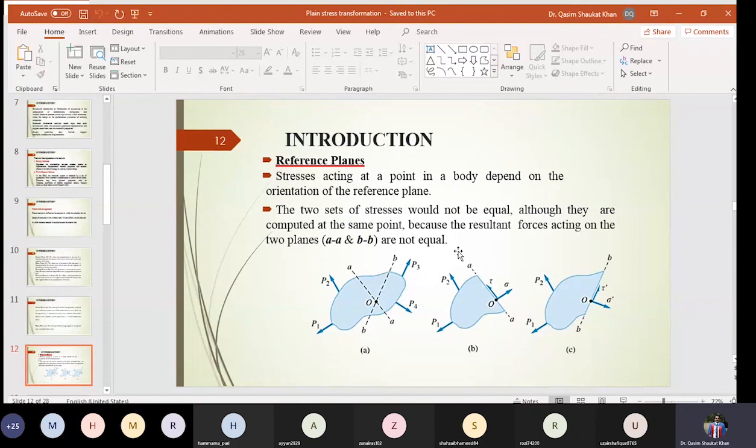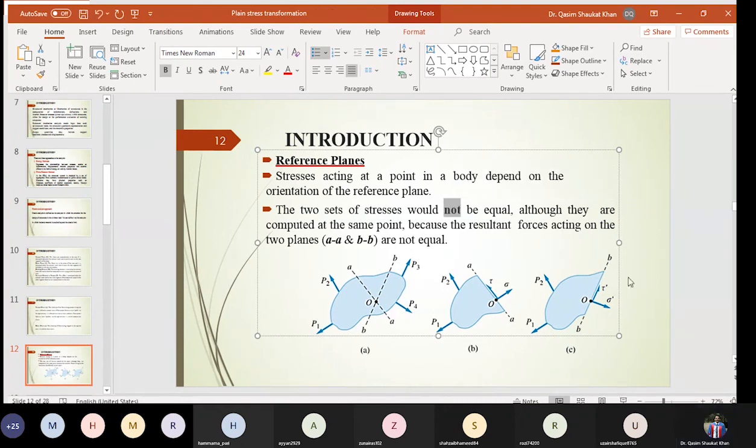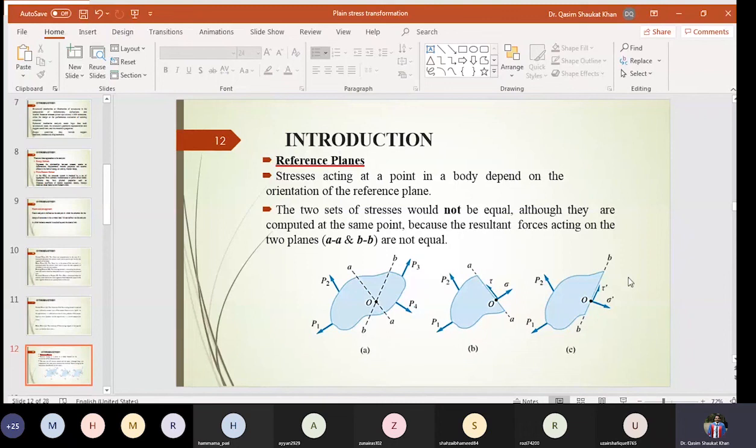This is one reference plane AA, this is second reference plane BB. The two sets of the stresses, set means normal and the shear stress, would not be equal. I am highlighting this so that you remember this. They would not be equal, although they are computed at the same point.